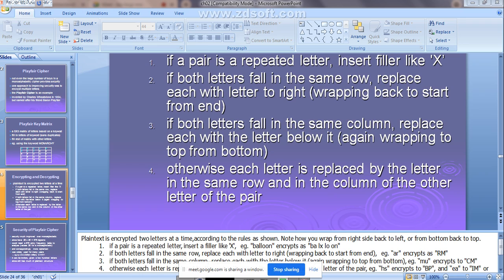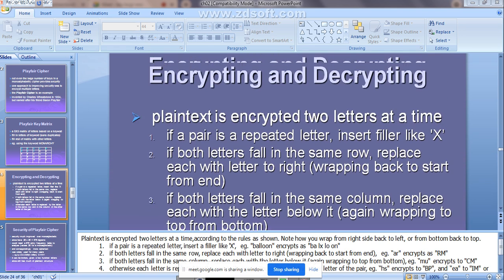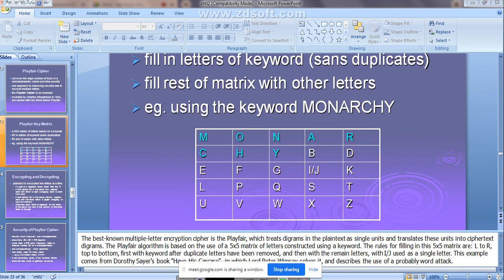Three rules are clear. Now see the fourth rule, one more last one. Otherwise, if these three conditions are not applied, each plain text letter in a pair is replaced by the letter which lies in its own row and the column occupied by the other plain text letter. Just go through the fourth rule.